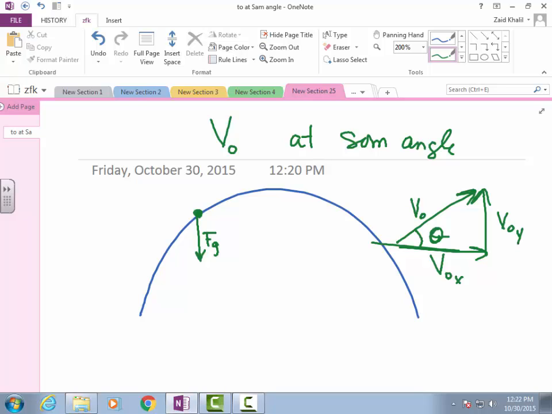It's constant. The velocity is constant in the x direction because there's no net force acting on it. Therefore, it's not accelerating. Therefore, the velocity is constant in the x direction. In the y direction, there is an acceleration. It's the acceleration due to gravity. And so it's only the y direction where your velocity is going to vary with time.